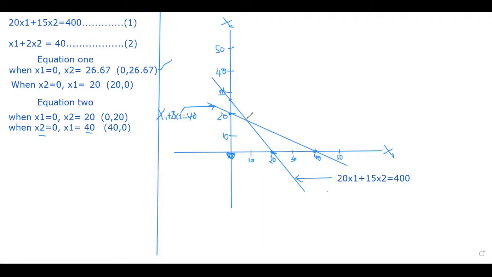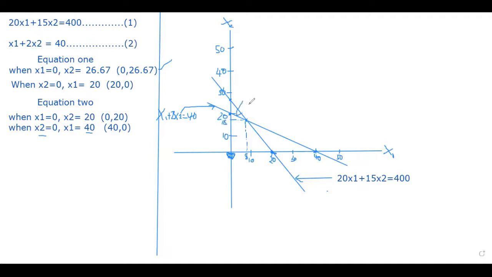You just check where they meet and trace it down. When you trace it down, it will be like this. Then you trace it to the x2 axis. Now this one was not drawn to scale. When you draw it to scale, when you use a graph and draw it correctly, you are going to get the x1 value as 8 and the x2 value as 16.